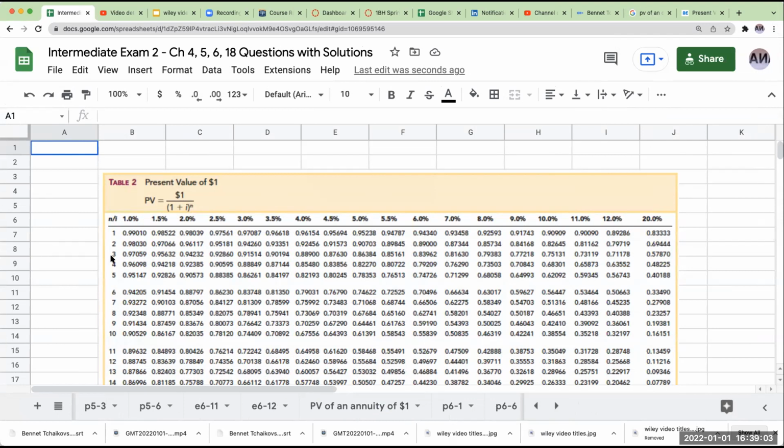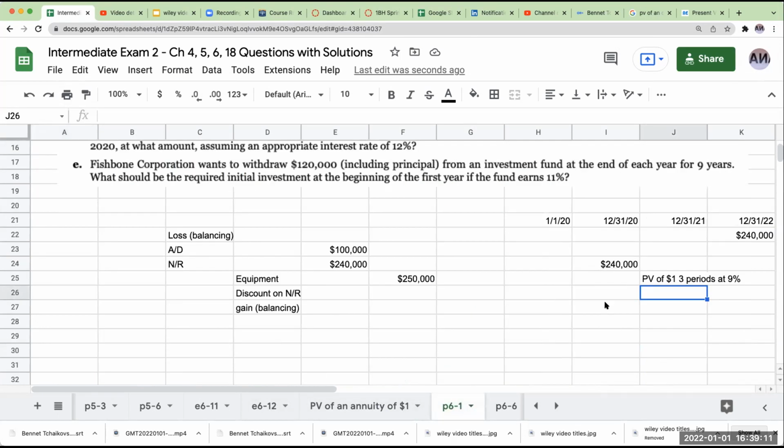So right over here, number of periods, 3 at 9%, I get 0.77218. When I multiply this through, I get 185,323. So this is basically the present value of the $240,000 in today's dollars.